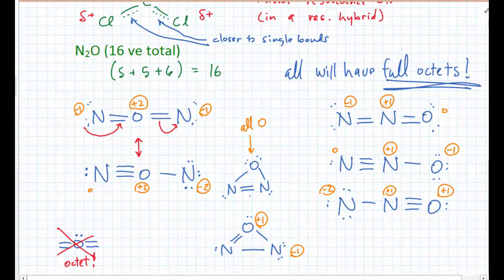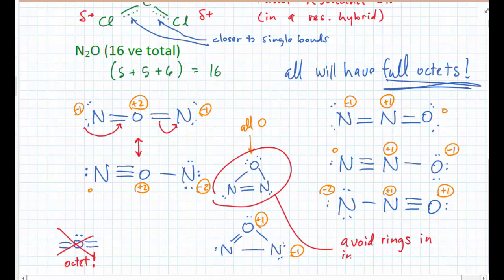Okay? So I'm going to give you a pretty important rule of thumb here, that while electronically that's fine, okay, we're probably going to have to avoid rings in inorganic molecules.